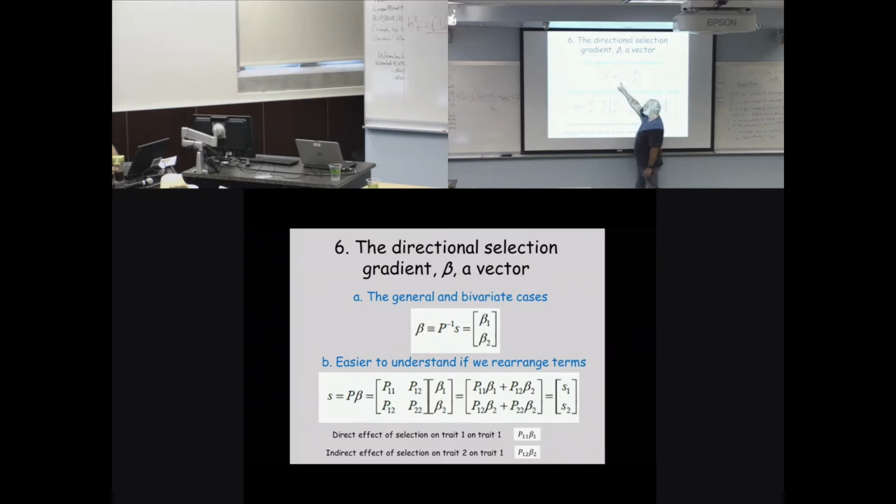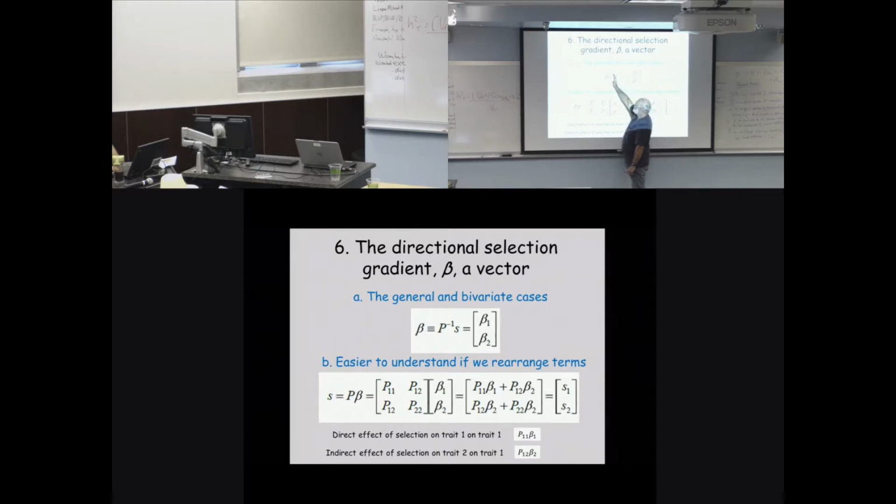So let's do the following thing. Let's pre-multiply each of these terms by P, right? So if we look at P beta, and then we pre-multiply this side by P, we get S, right?